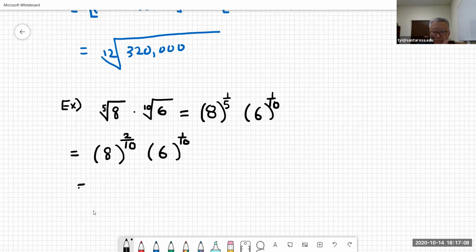Okay. So we're going to take out the 1/10 as our common exponent. So you got 1/10 here. So here we have what, 8 squared times a 6.